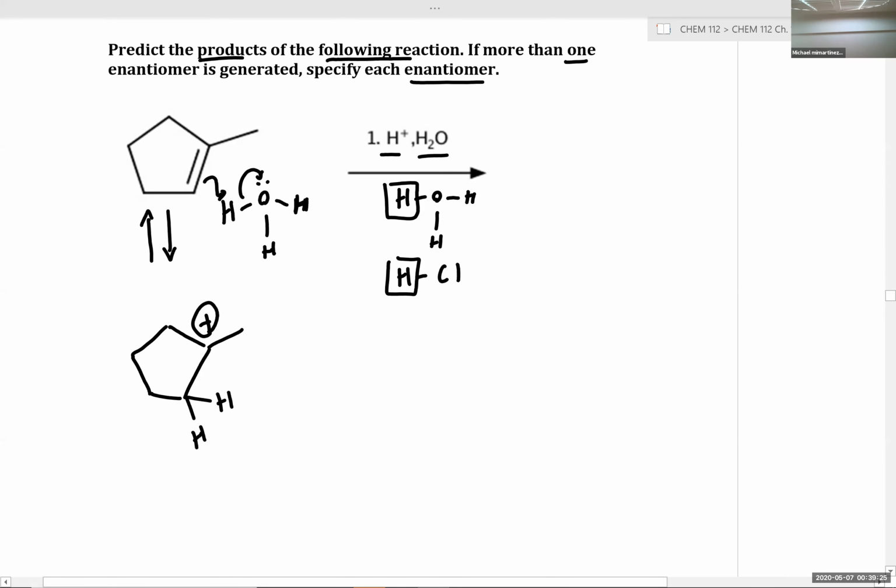So what's going to attack the carbocation? And I see some people typing water. Yep, that's exactly right. Water is going to attack our carbocation, and that in turn will generate a mixture of tertiary alcohols. Well, not quite the alcohol yet.